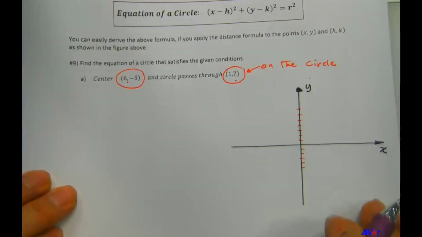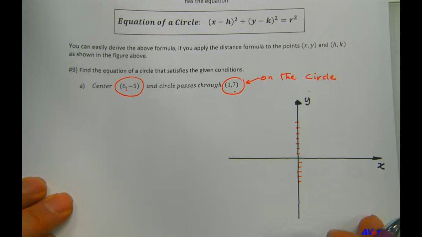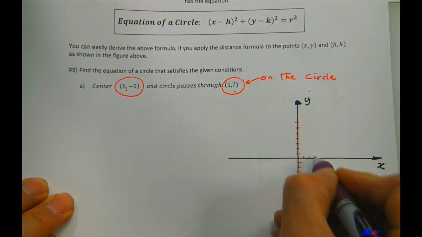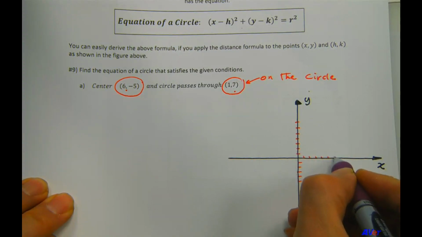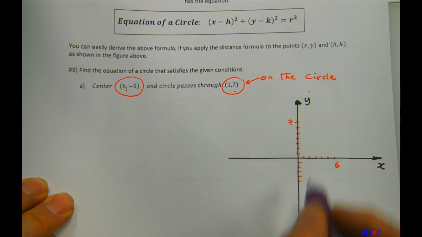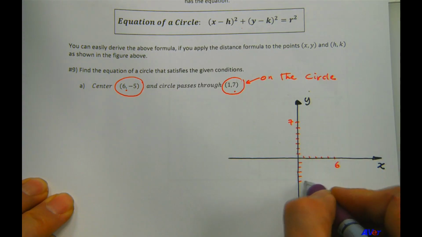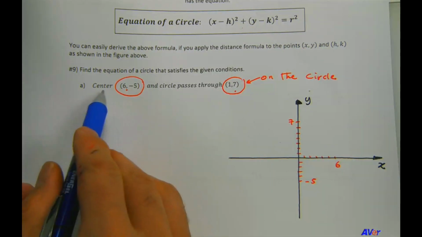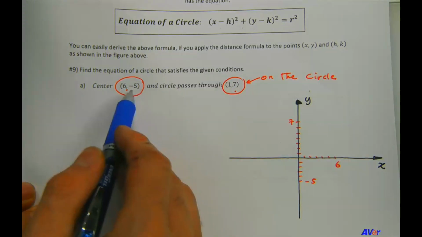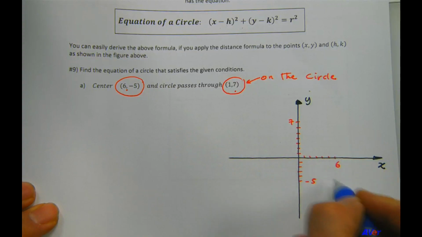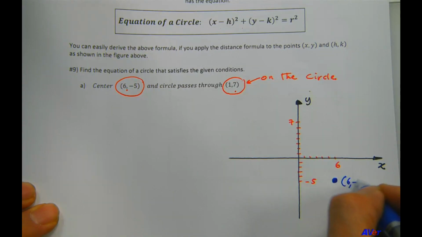Let me move this up a little bit, like that. And then 1, 2, 3, 4, 5, 6, negative 5. Okay, so they're telling us that the center of this circle is at this point, 6, negative 5. 6, negative 5 is that point there.